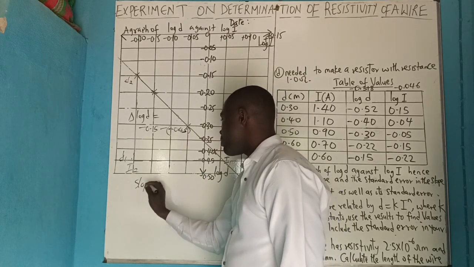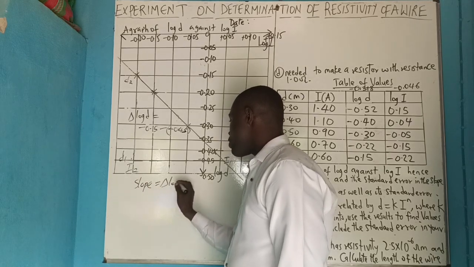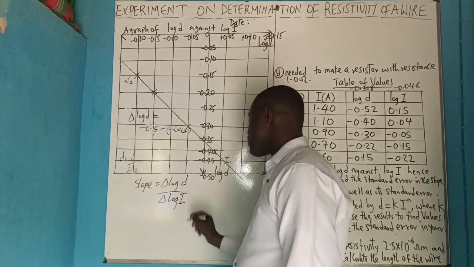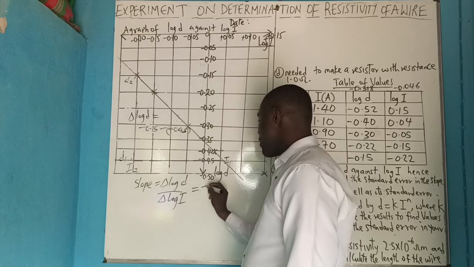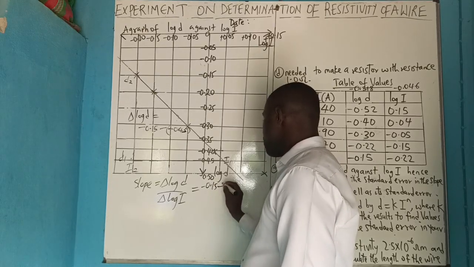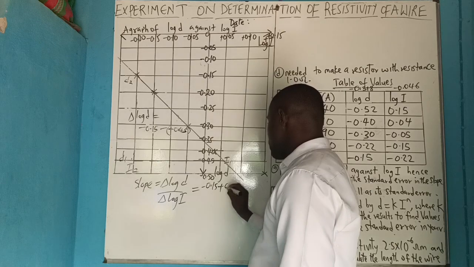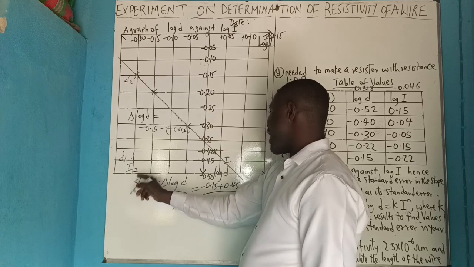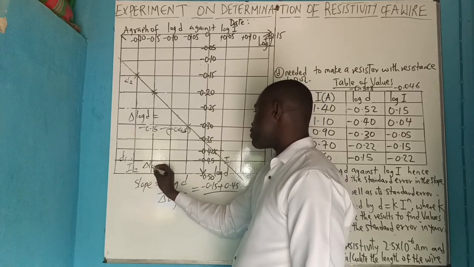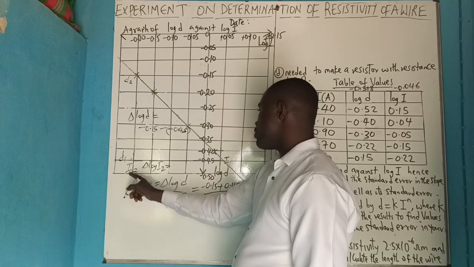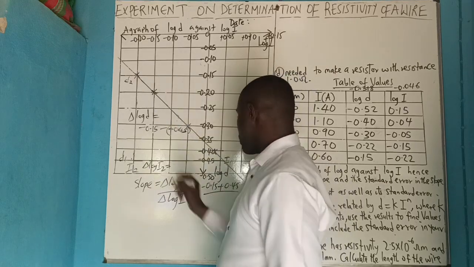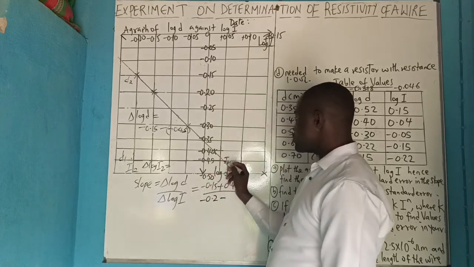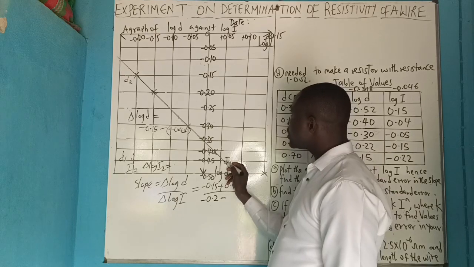You say slope equals change in log D over change in log I, equals minus 0.15 minus minus 0.45, all over the change in log I: I2 gives you minus 0.2, minus, here should be about 0.07.